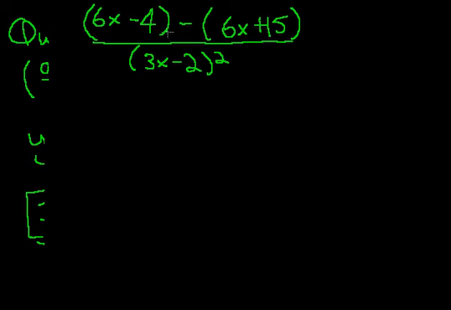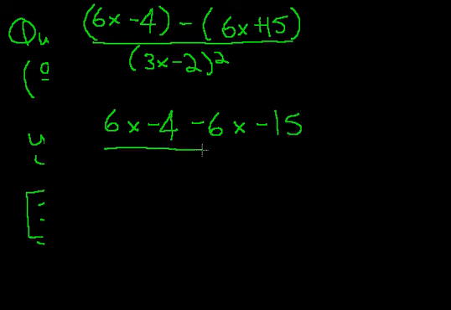So we can further simplify this now, and we can distribute this negative sign, so we get 6x minus 4, and distributing the negative, negative 6x minus 15. And this is all over (3x minus 2) squared. We can even further simplify this.